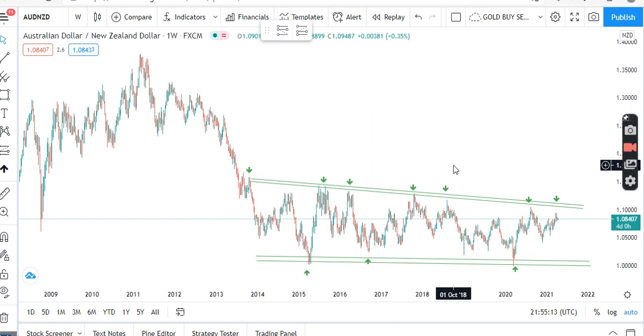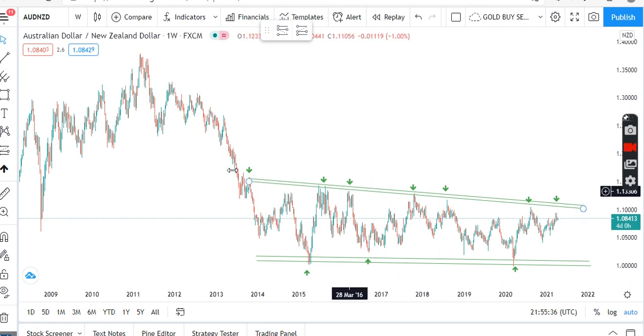You see? So just by doing this simple analysis, you can tell that price is in a consolidation and it keeps respecting this. So therefore, you look to buy at support and sell at resistance until further notice, until price tells us that it no longer wants to be in this consolidation, it wants to break out. And when that happens, we will know.